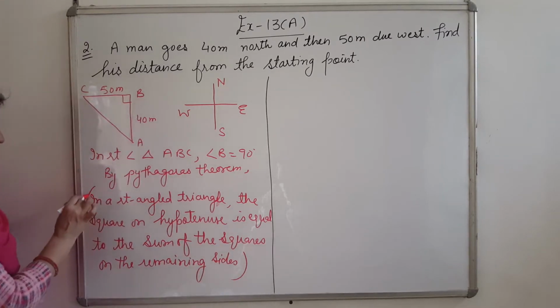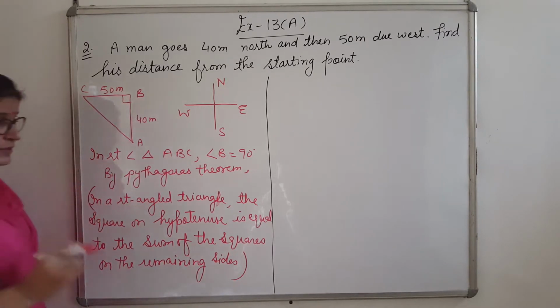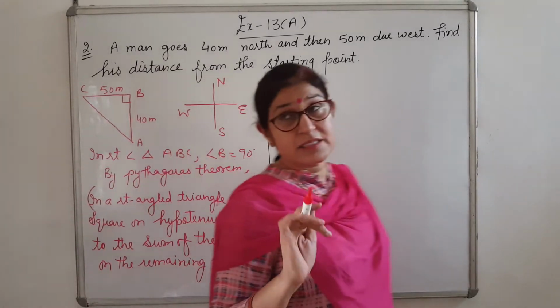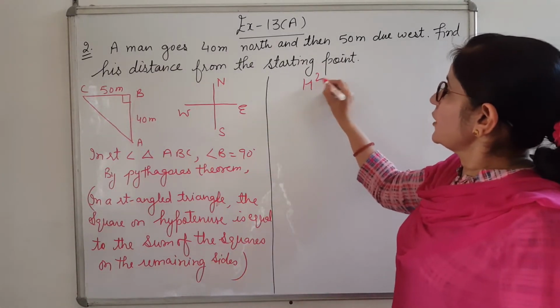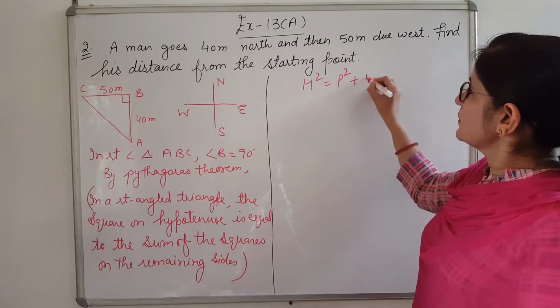This is our Pythagoras theorem. We have to follow it here. That means h square equals p square plus b square.